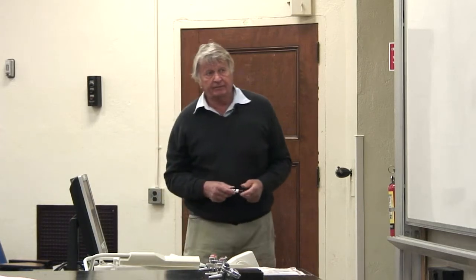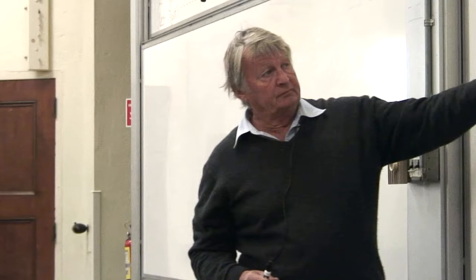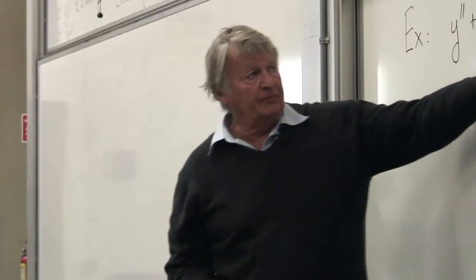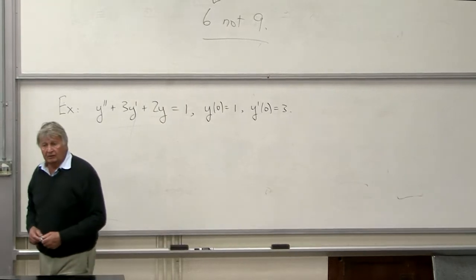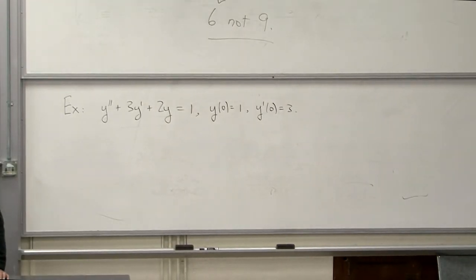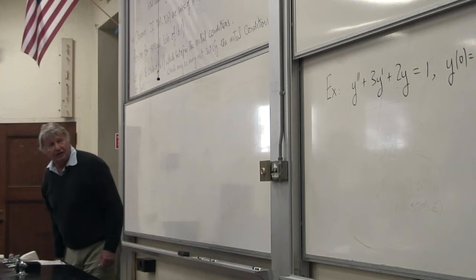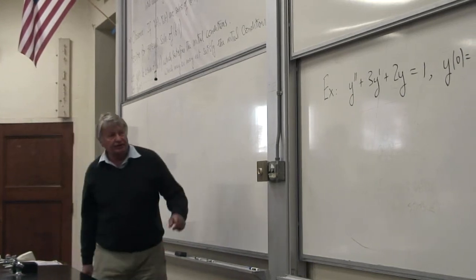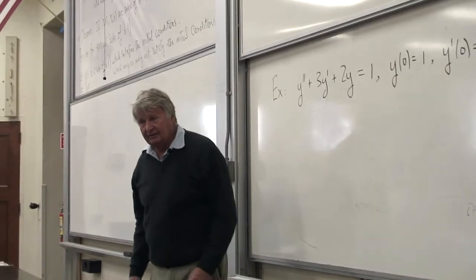For instance, let's look at this example over here. Okay? The solution that satisfies these initial conditions is not that complicated, but it'd be impossible to guess. But can you guess a particular solution to this equation just by looking at it?